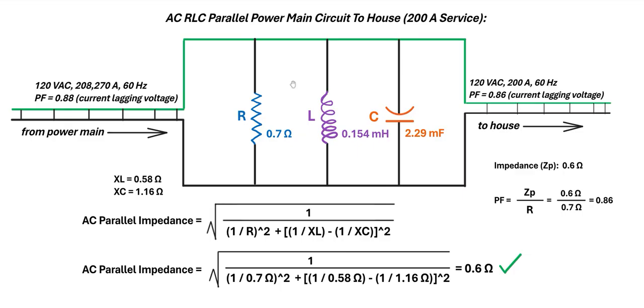And then this circuit will tap only 200 amps out of this massive amount of amps to the house, and then it'll continue on down to the low tension lines in a ground circuit. And so after it passes through the circuit, it will go to the house with 120 VAC, 200 amps, 60 cycles per second.